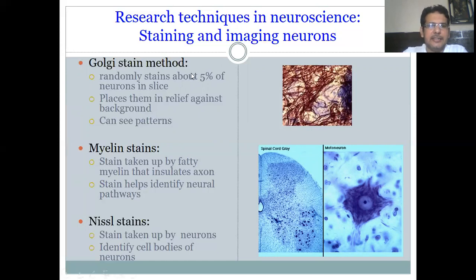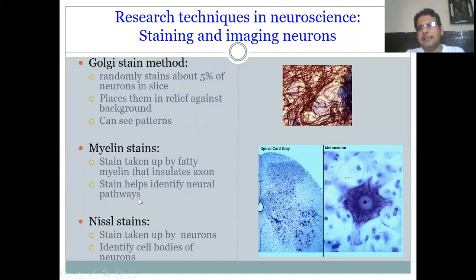So the Golgi stain method is there, and then there is the myelin stain. Myelin is the structure that surrounds the axons of the neurons, so the conductivity of the neurons can be enhanced, and it shouldn't be interfered with. These are rich in fatty acids. So the stain is taken up by the fatty myelin that insulates the axon, and the stain helps identify neural pathways.